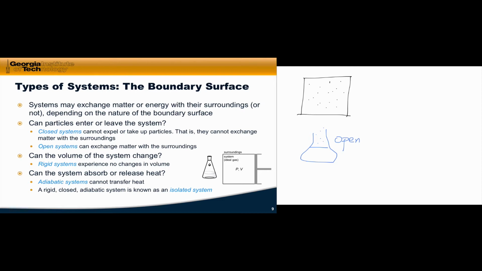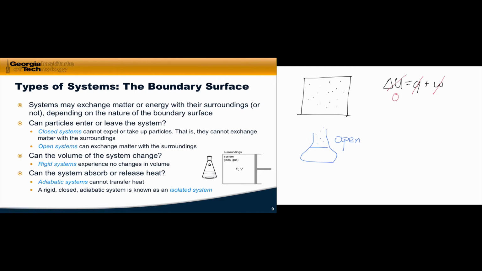Putting all three of these ideas together, we can imagine a rigid, closed, adiabatic system, which is known as an isolated system. Remember that the change in energy is equal to the sum of heat and work. An adiabatic system cannot transfer heat to or from its surroundings, and a volume change of 0, a rigid system, means that the work is also 0 for all processes that the system can engage in.